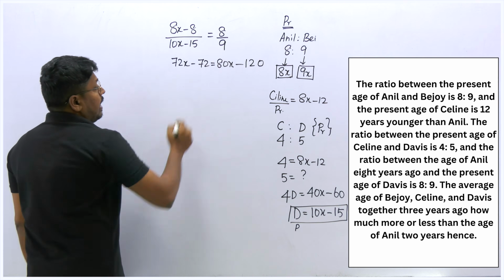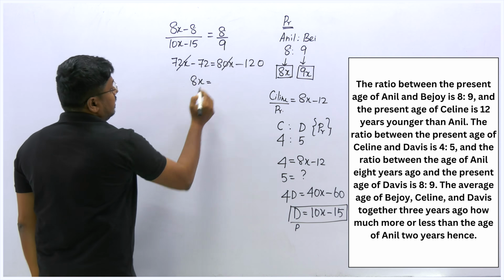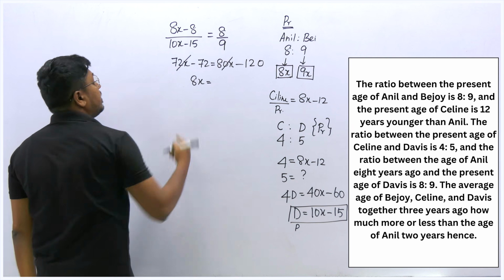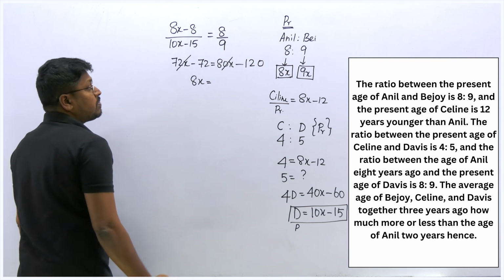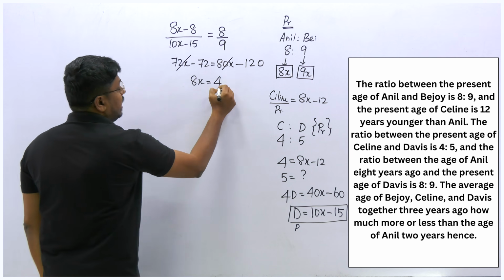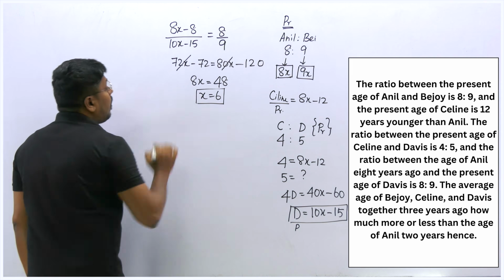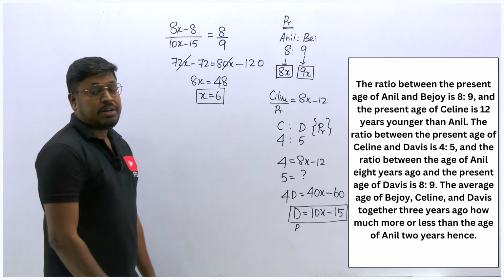So now 80x minus 72x will be 8x, right? When you bring the 120 to the left hand side, plus 120, so 120 minus 72 gives 48. So 8 times 6 is 48. So finally we got the value of x is equal to 6.